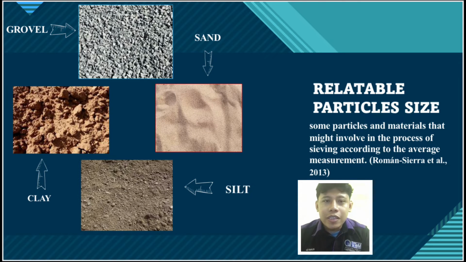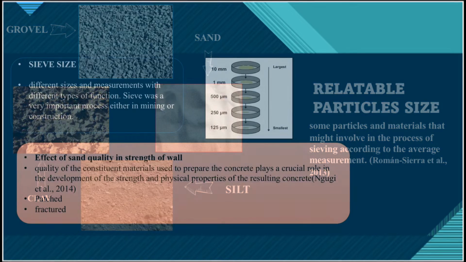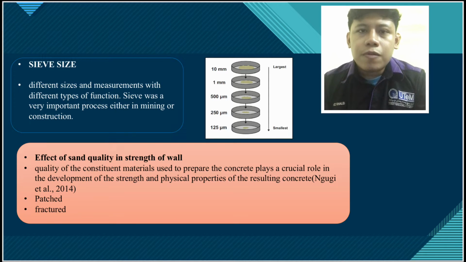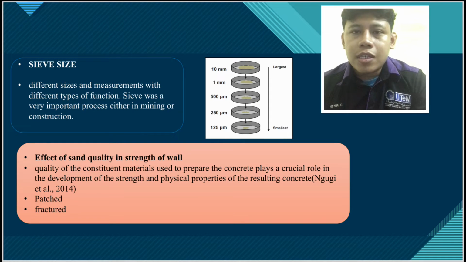So as we can see, these are some particles and materials involved in the process of sieving according to the average measurement and also the average size of the sieve. The materials involved are sand, gravel, silt, and also clay. Different sizes and measurements of materials have different types of function.